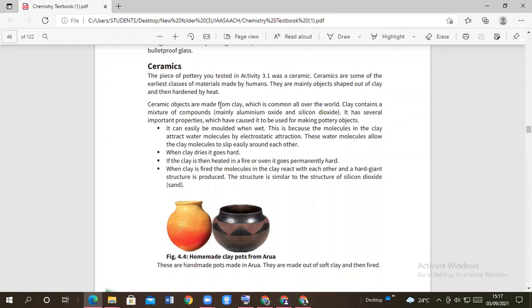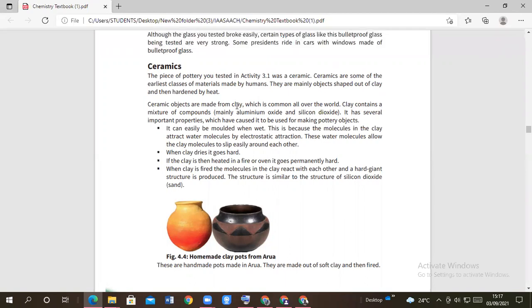You can use cement, but cement is more dangerous to human life than clay. Okay? Ceramic objects are made from clay, which is common all over the world.